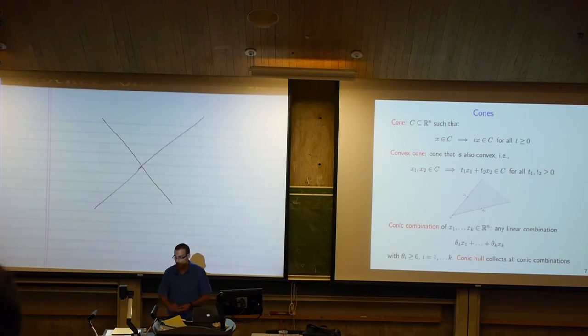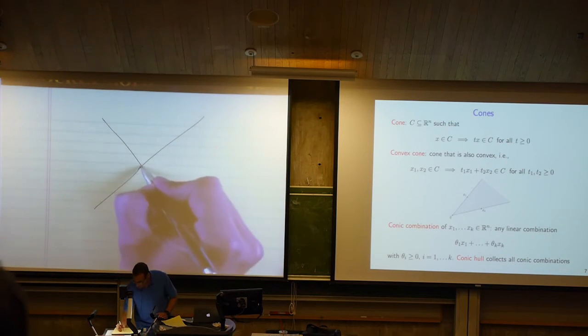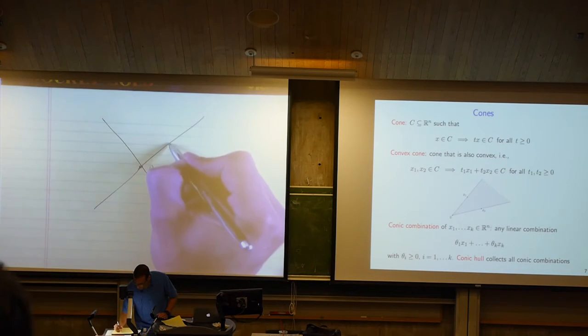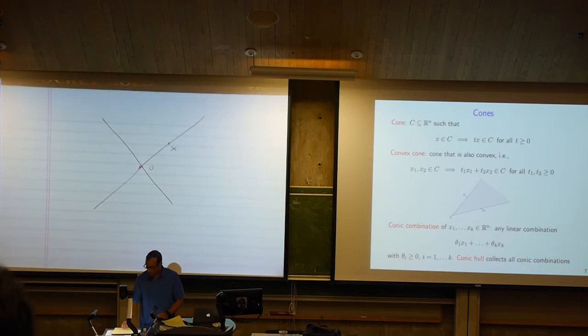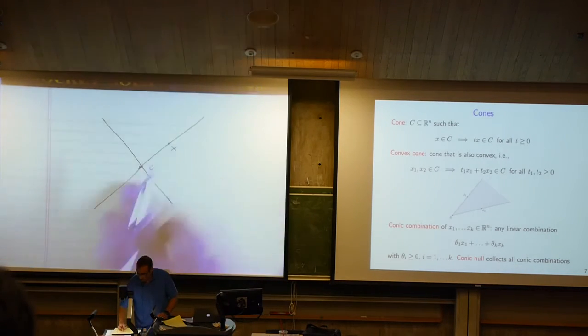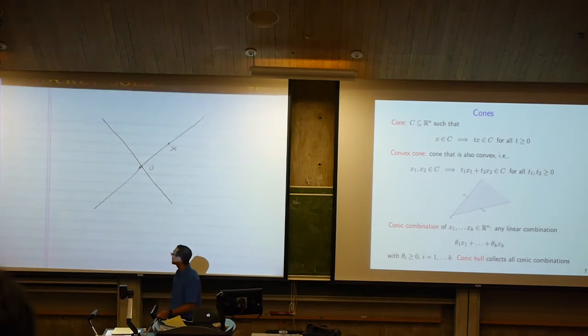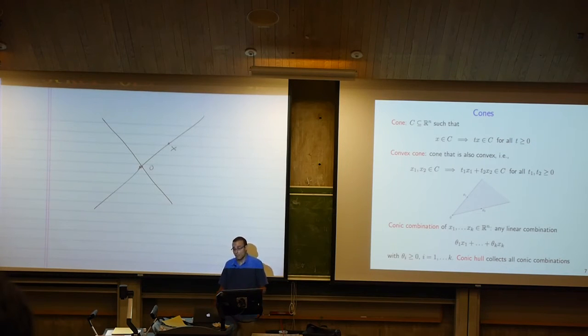It has the property that if you take any point x in the set, suppose this is 0, and take any positive multiple of x, that just takes me out this direction. It's definitely contained in the set. But that's pretty far from convex, almost as far from convex as you can get. So cones can be very spiky in some sense, but convex cones have a lot of nice properties, so we'll focus on them.